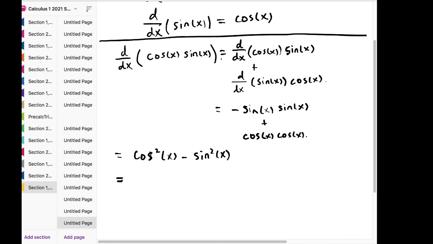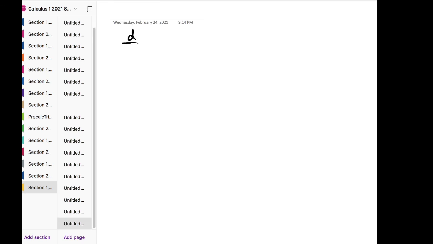They're not the same. It's actually cosine of 2x. And this was a double angle formula. So it's an interesting derivative. The derivative of cosine times sine is just cosine of 2x.